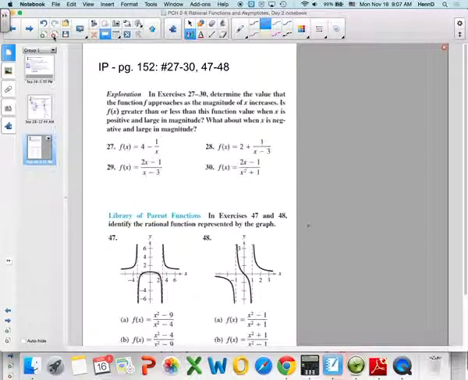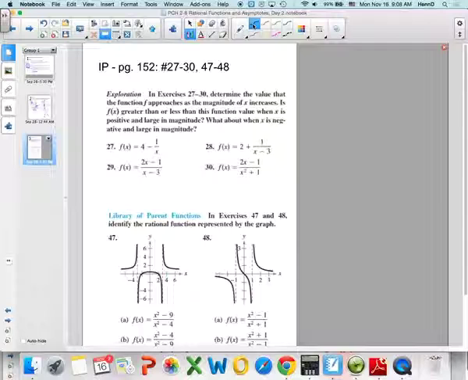Alright, so I've given you a couple here. Now, 427 to 30. There are some directions here. You can ignore the directions. Do basically what we did.